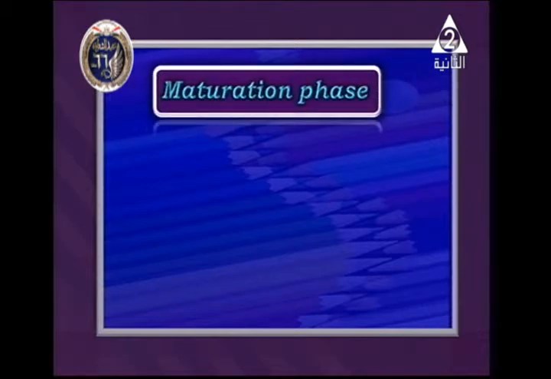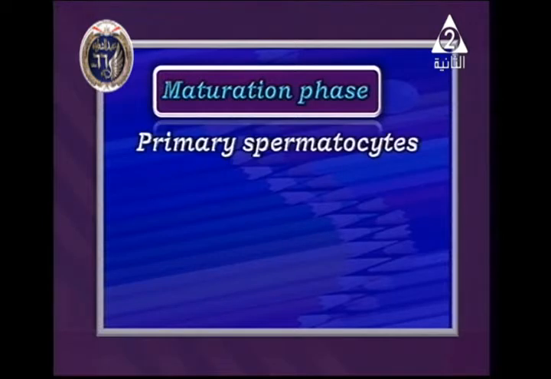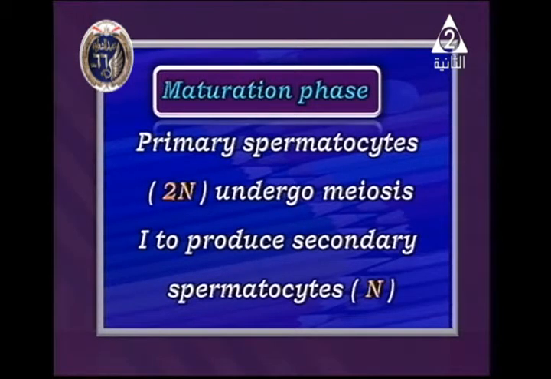The third one, after the growth phase, is the maturation phase, which is what we need right now. The primary spermatocytes, 2N, undergo meiosis 1 to produce secondary spermatocytes.